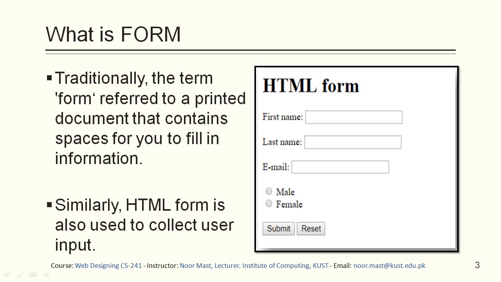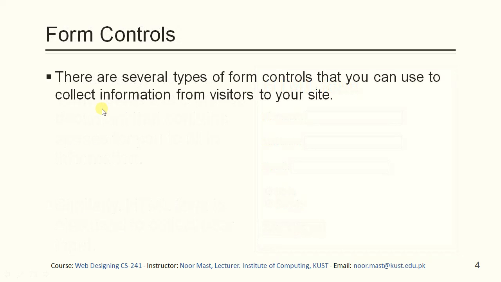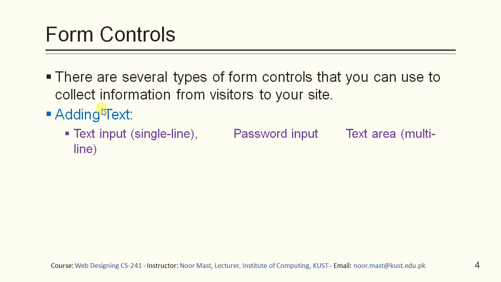But to collect these inputs, the form uses several types of form control. For adding text we have the text input control to add single line text. We have another text control for entering passwords, while to enter multi-line text we have the text area control.